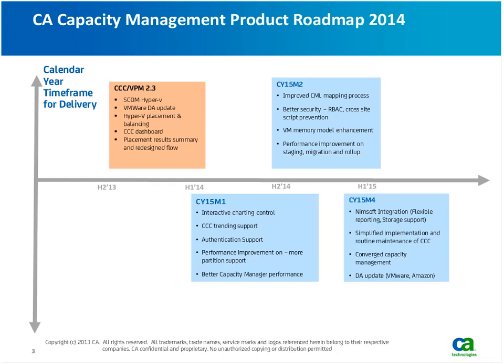The second bullet is simplified implementation and routine maintenance of CCC. Again, this is very high level because it's further out, 10 months out on the roadmap. We know as a directional statement, we have to make the deployment and the maintenance of capacity management solutions easier for our existing customers, especially larger customers. When they have a decent implementation over time, the data volume will increase, and the number of users will increase as well, and so will the complexity.